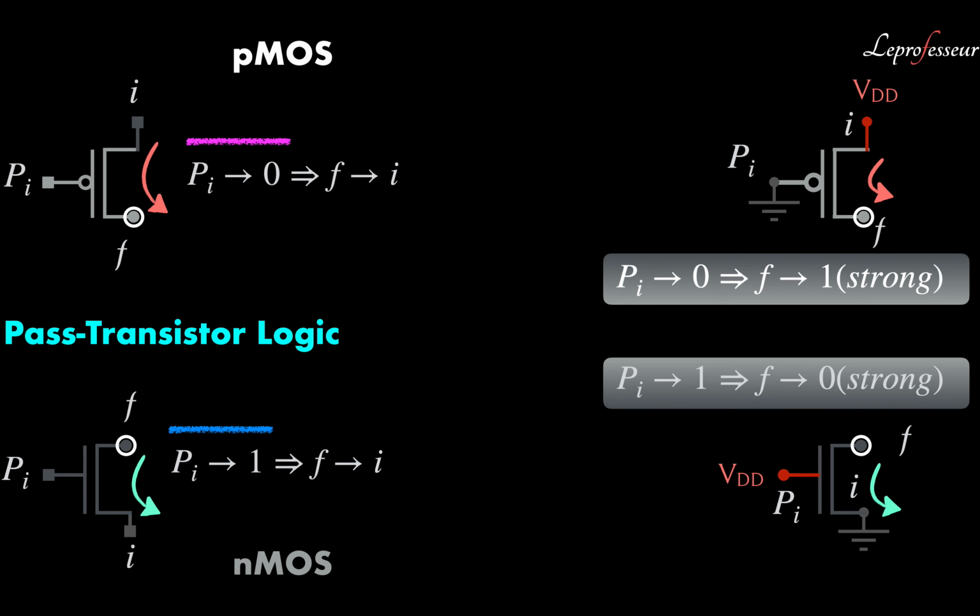This is nothing but pass transistor logic, where PI is the control for the input I applied at the gate of the transistor. So remember this simple concept, and this becomes nothing but pass transistor logic. Okay, good.